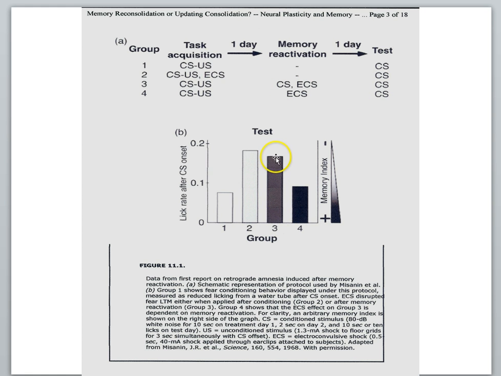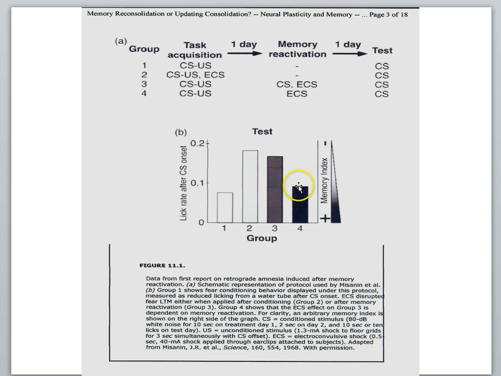Take a look at group 3. It's as if ECS after a reminder of the memory, kind of like ECS right after training, also interferes with retaining the memory, right? And compare that to group 4. You give the tone shock, and then a day later you do not remind them of the association, so you don't give the tone, you just give them ECS, test a day later, and the memory is still good.